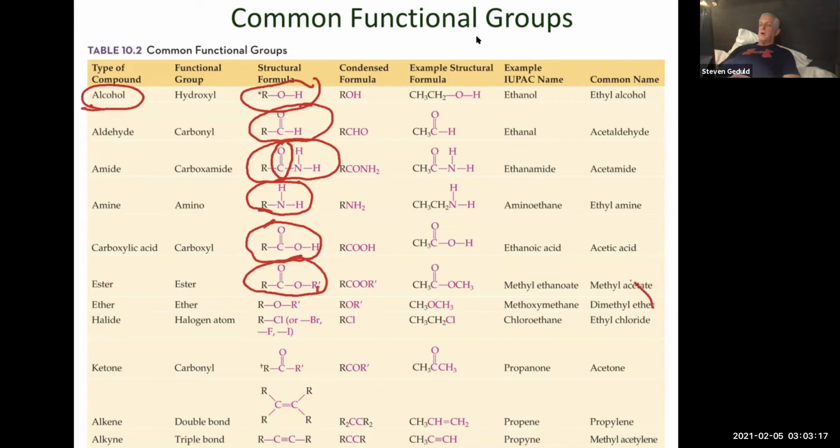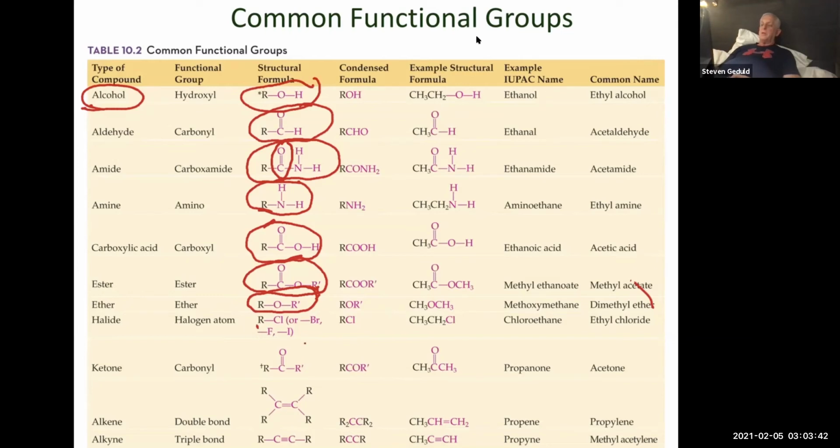So RCOOR is an ester. An ether is an R group attached to an oxygen with another R group on the other side. A halide is an R group attached to a halogen: iodine, chlorine, bromine, or fluorine.